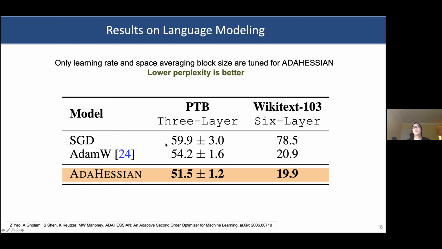Typically for Wikitext 103, the performance drop is more than 50 points. Replacing ADAMW with AdaHessian, you can gain 2.7 points on PTB and 1 point on Wikitext 103. And the same as previous slides, we don't do anything except tune the learning rate and the spatial averaging block size.